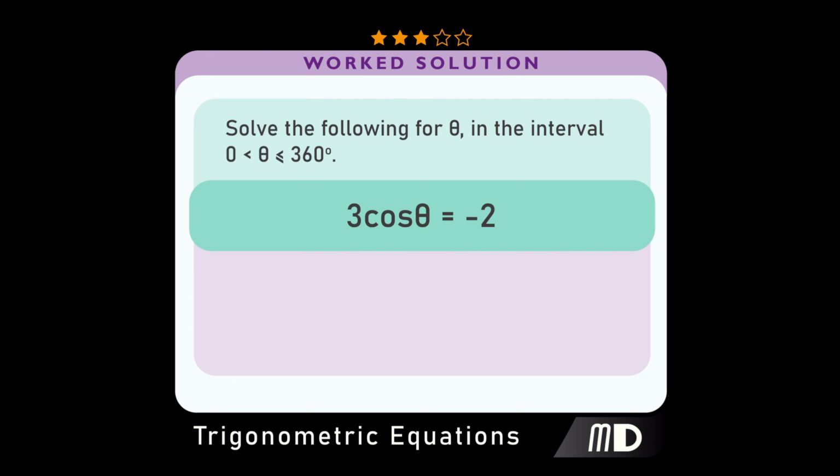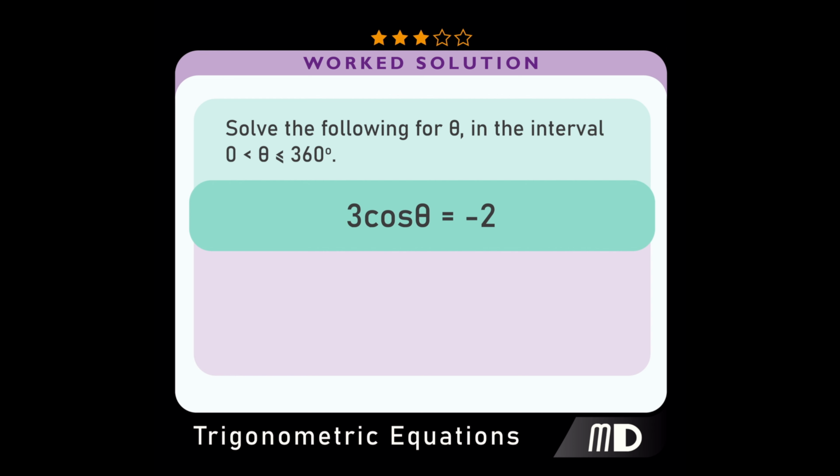We've been given the equation 3 multiplied by the cosine of theta equal to -2. And we need to isolate theta.